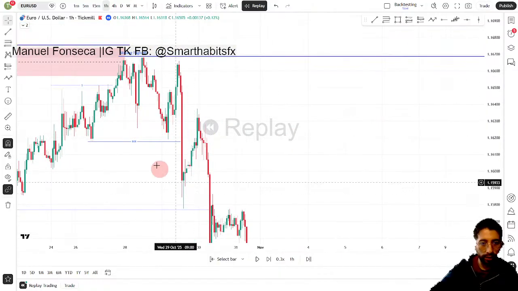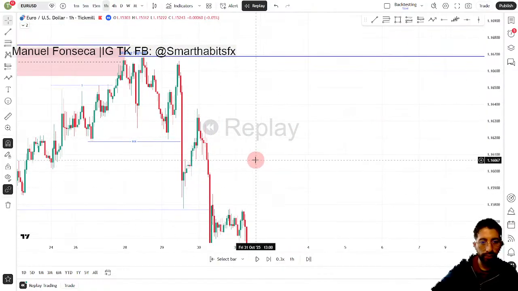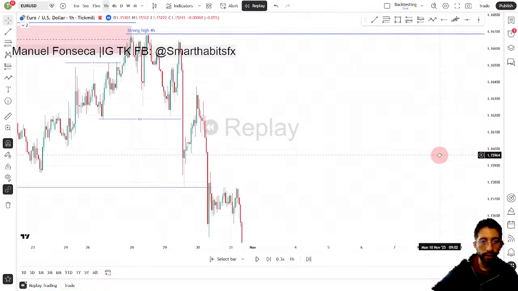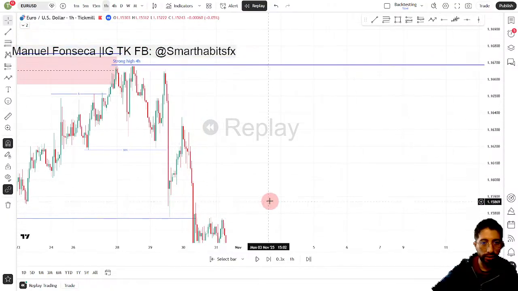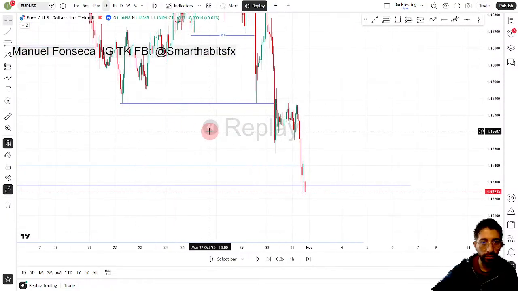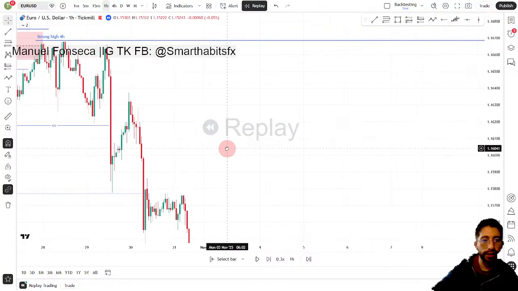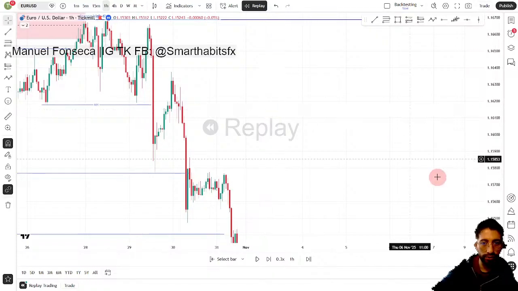And once we got this breakout of structure, now we have to do the same exercise, which is to spot a new strong high. So after this breakage of this low, we just have to look for a new strong high, which is aligned with the previous definition, right?